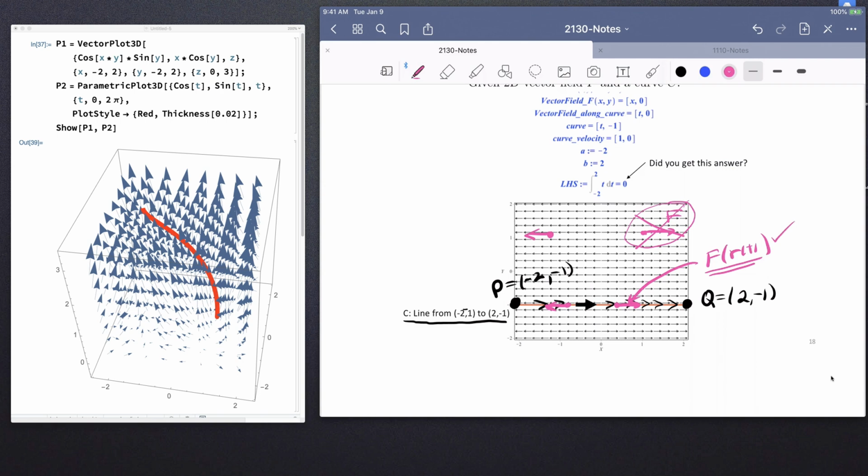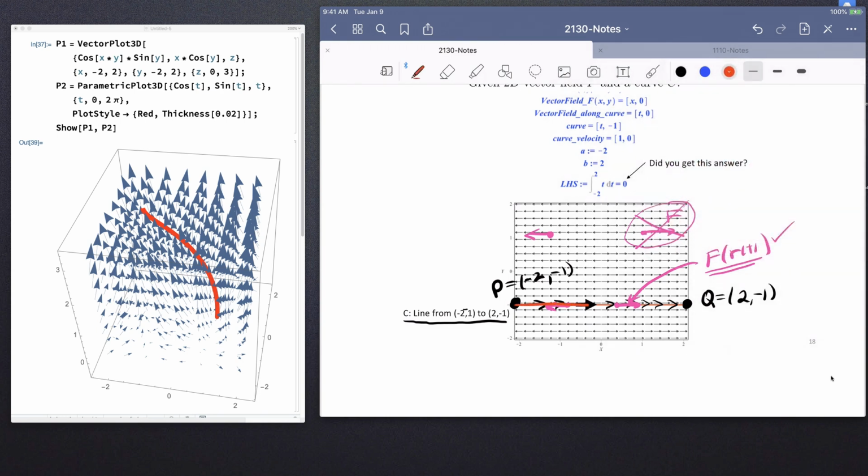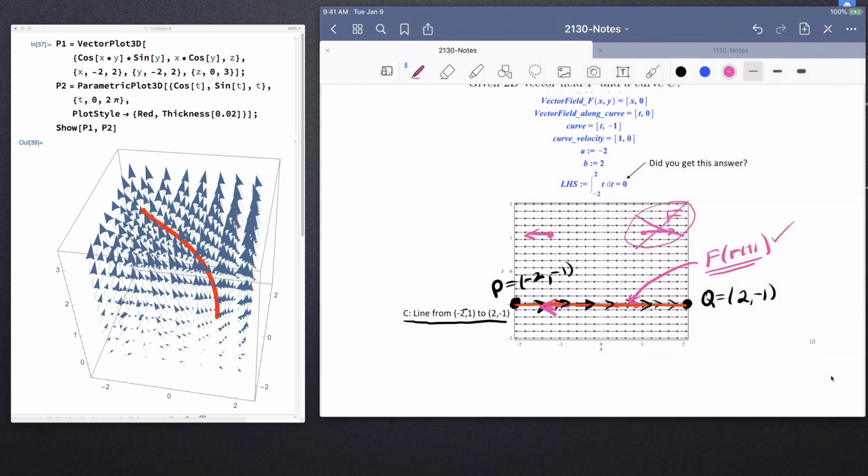So if we were going to do a line integral along this path, which is going from P to Q, with this direction of motion, we have a vector field underlying that problem, which is pointing to the left if x is negative, and pointing to the right if x is positive.